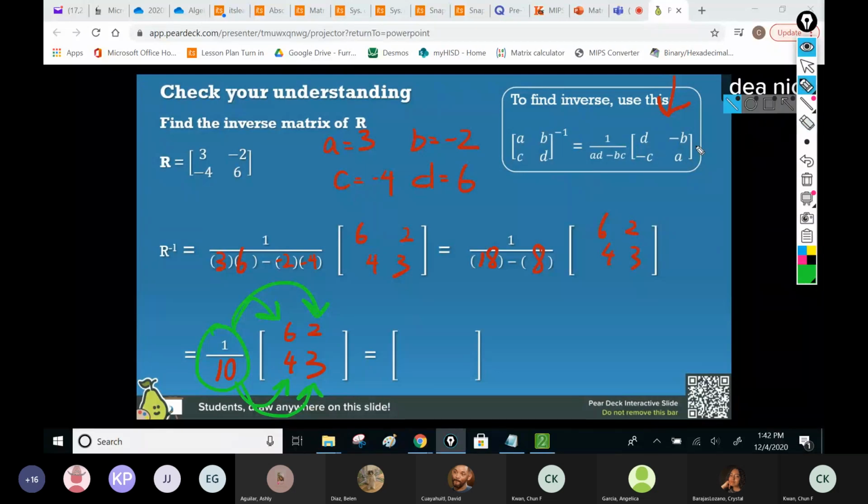Because I need A times E. So A is 3, E is 6. That is why I put it right here. Yeah, so be careful. The orders are messed up.